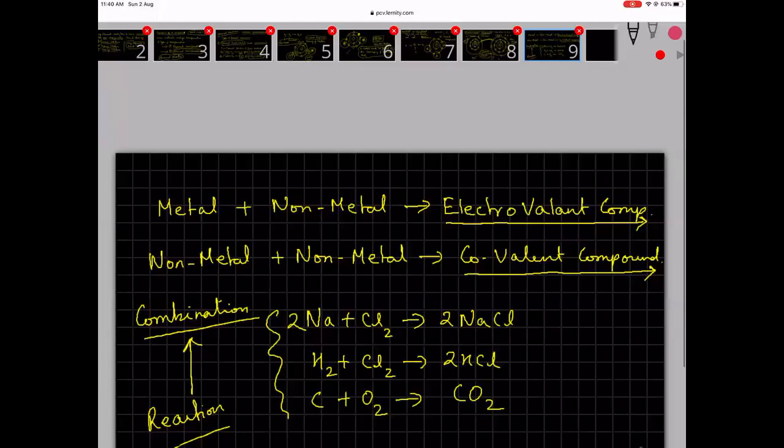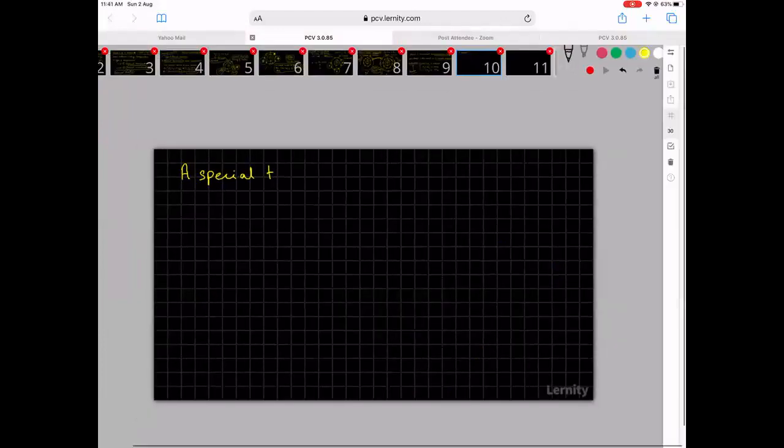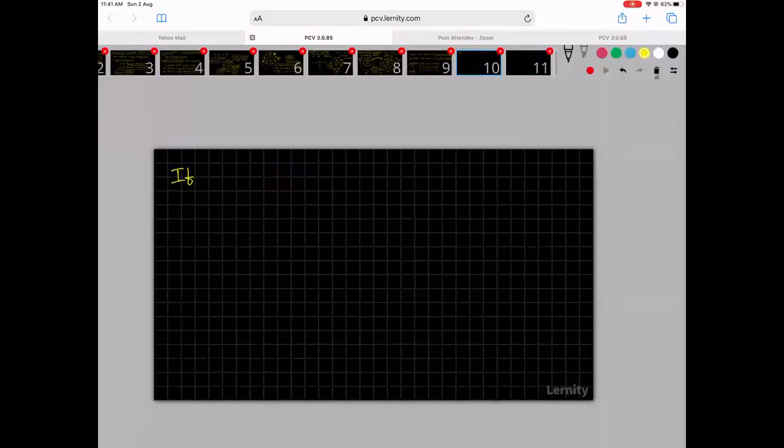So combination is over. Now, if a substance reacts with oxygen, we call it a combustion reaction.